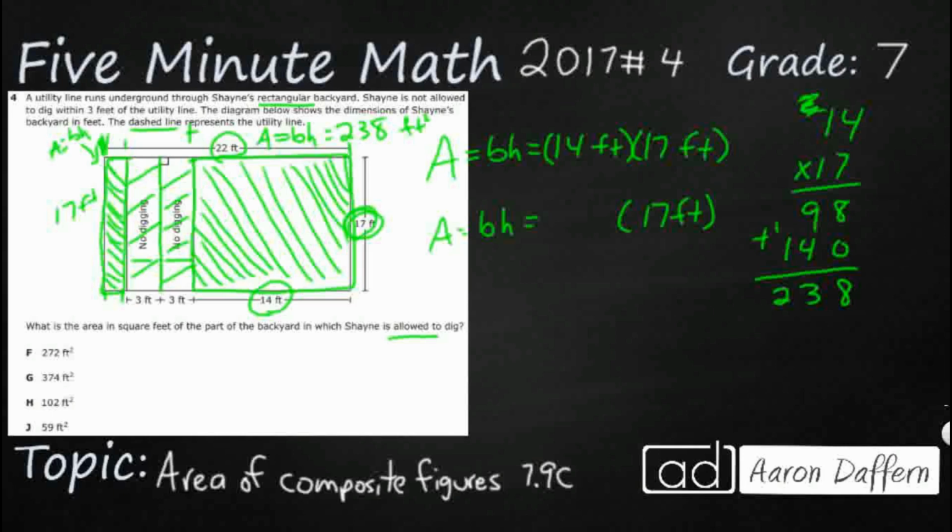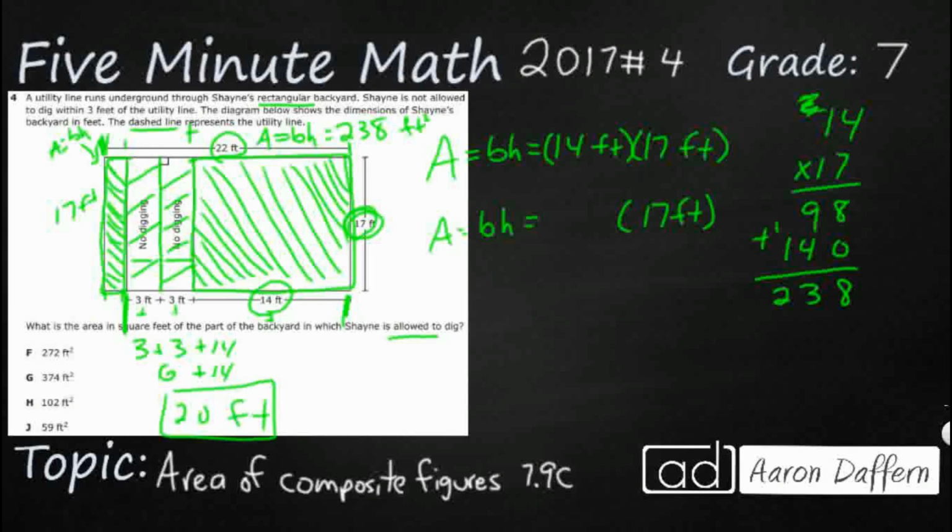So think of it like a part-whole. I've got 22, and I've got my chunks down here. I've got 14, I've got 3, and I've got 3. So I've got 3 plus 3 plus 14. That's 6 plus 14, so that's 20. So from here to here is this 20 feet.